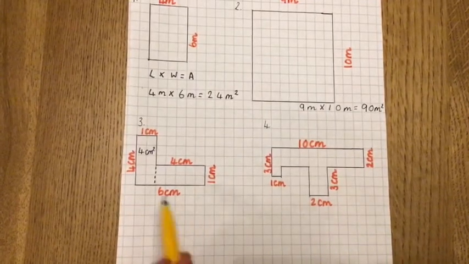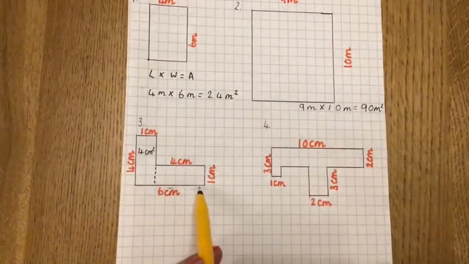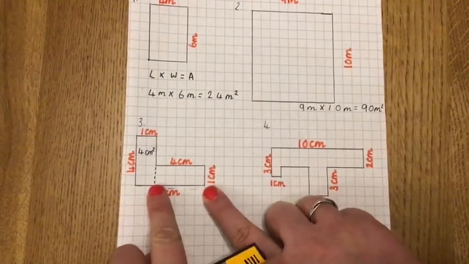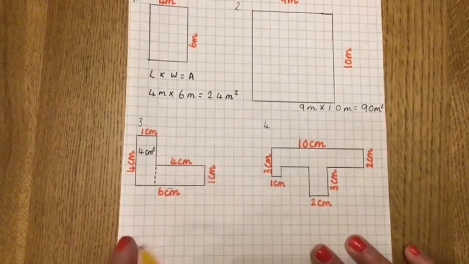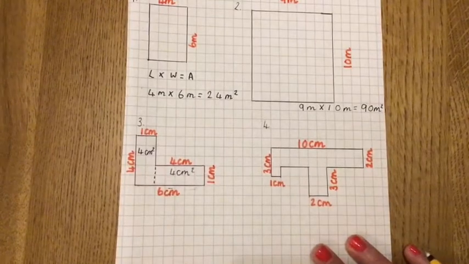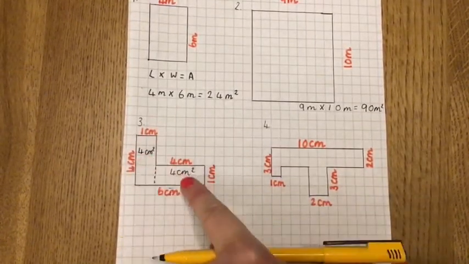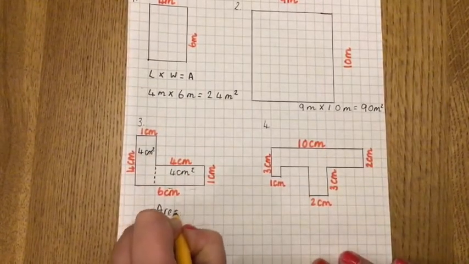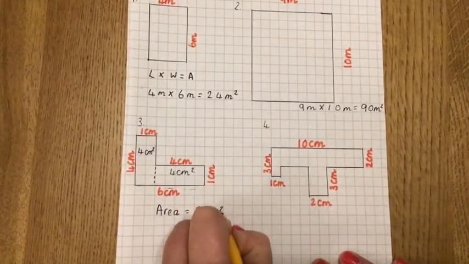I'm not going to times the 6 because remember, the 6 is this whole length across the bottom, and I don't want to know what the whole length is. I'm only trying to work out this bit here. So 4 times 1 is 4 again. Now, to get the area of the whole shape, I need to add my 2 areas together. So the overall area of this shape is 8 centimetres squared.